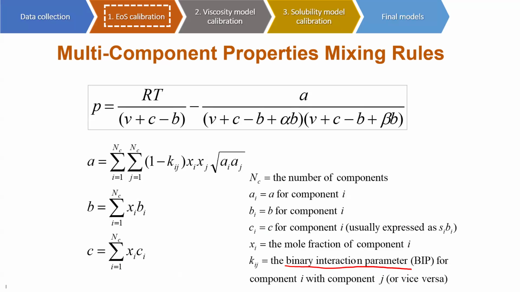In other words, if the binary interaction is between two components that are very similar, this parameter will be close to zero. For example, the binary interaction parameter between CO2 and CO2 is zero because CO2 and CO2 is the same component. But the BIP between CO2 and methane, for example, is greater than zero.